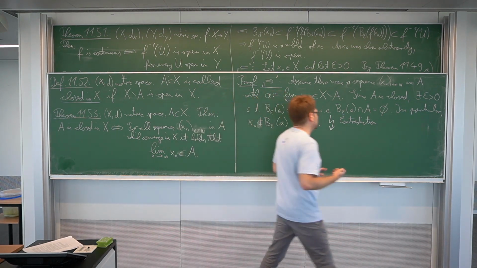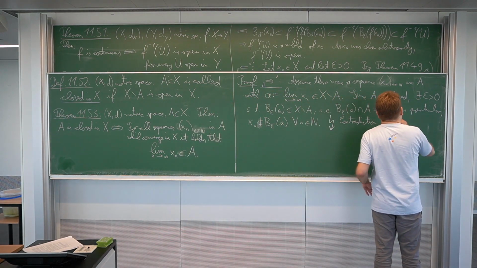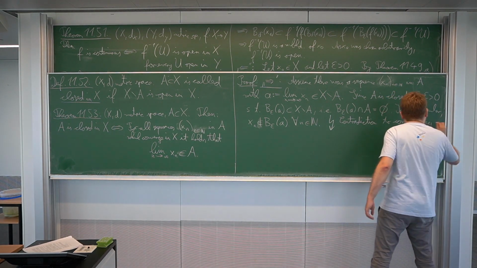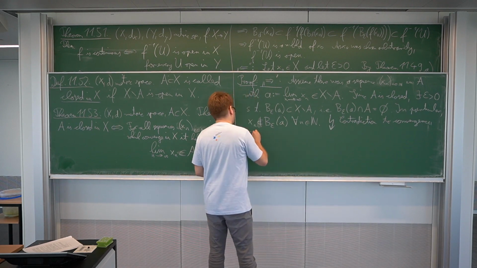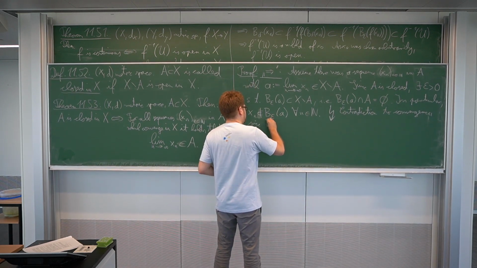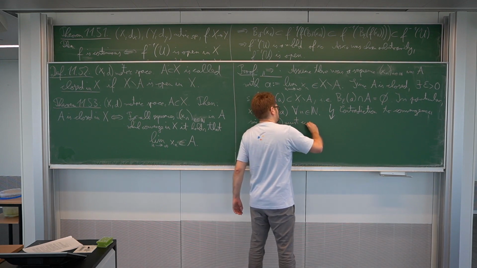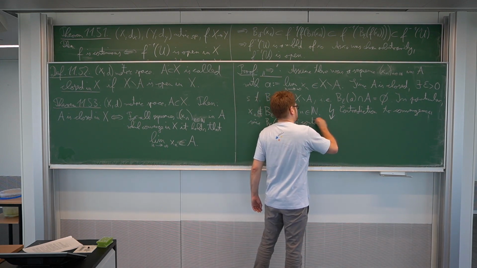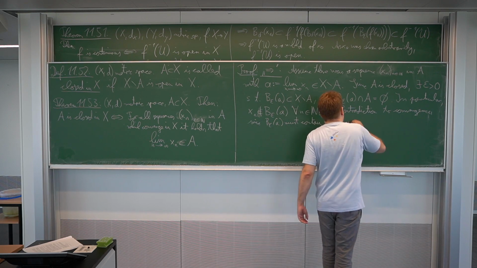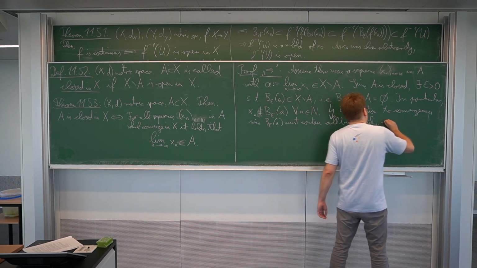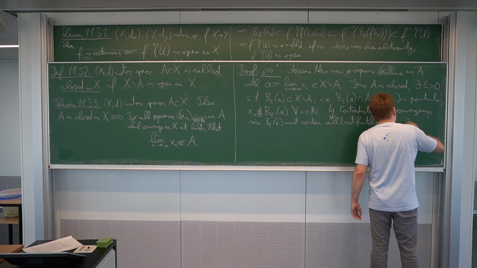So contradiction to convergence, since B epsilon of a must contain all but finitely many of the xn.